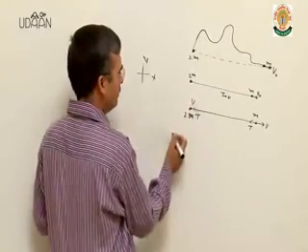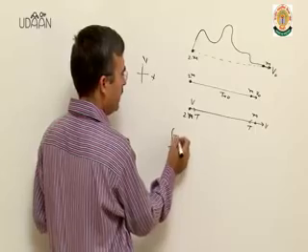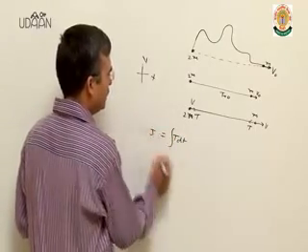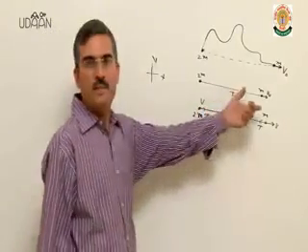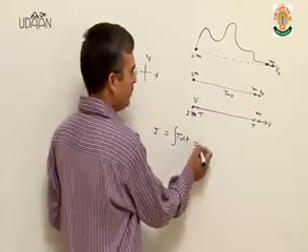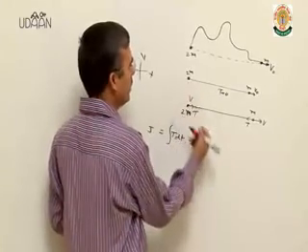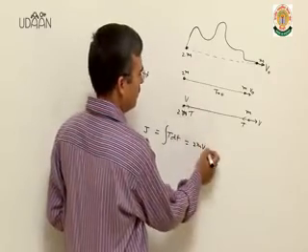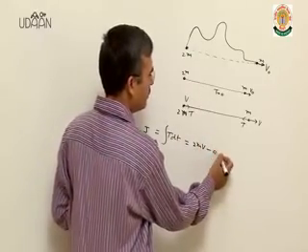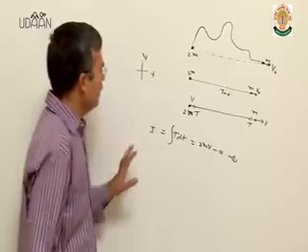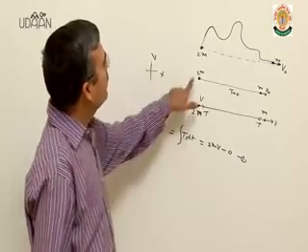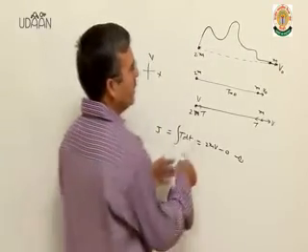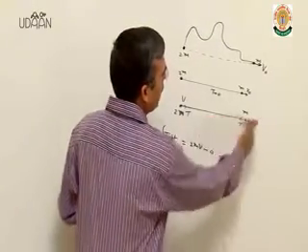on body 2m, the integration of T dt, J has come, positive in this direction, equals the change in momentum of this body: final momentum m into v minus initial momentum 0. It is one equation for that body. For the second one, impulse is acting in the negative x direction.